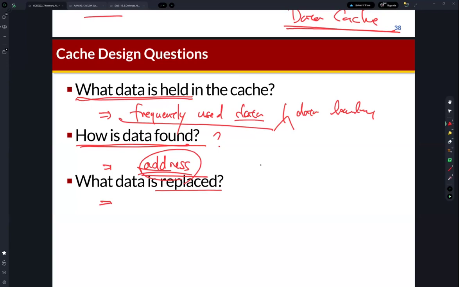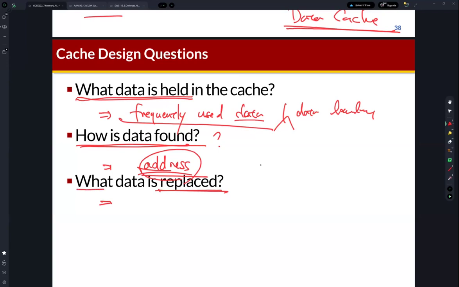If a cache is full, and we want to store additional data in the cache, then what can you do? We need to evict. We need to remove the existing data, and then we can allocate new data in the cache, right? So this is the replacement in a cache.